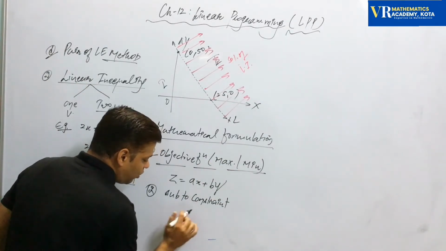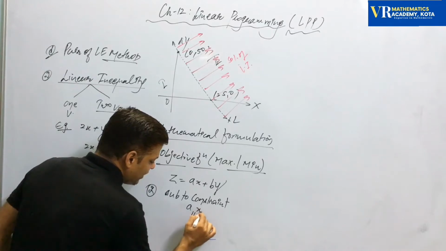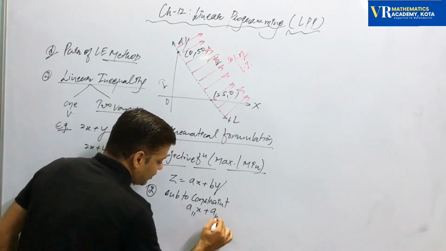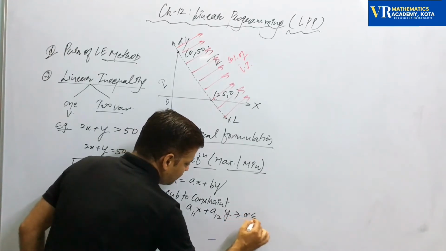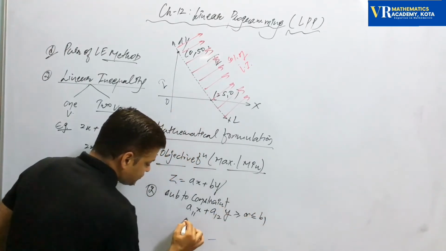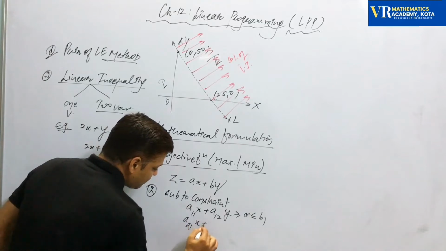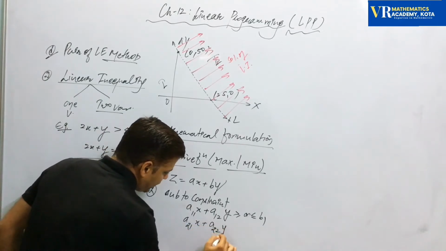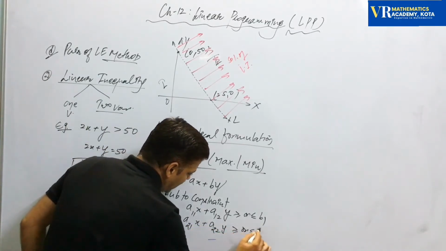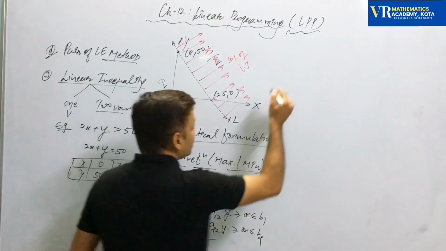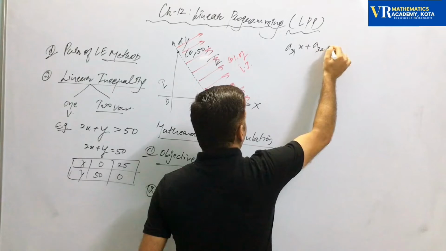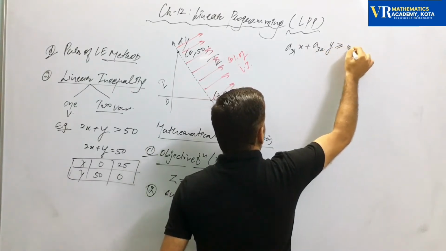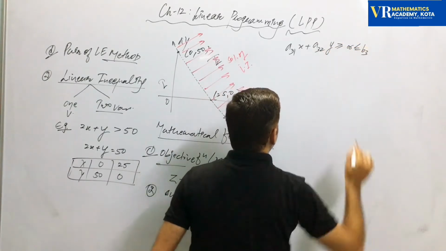Subject to constraints are always given in the form of linear inequality, like a11x plus a12y less than or greater than equal to b1, or a21x plus a22y greater than or less than equal to b2, a31x plus a32y greater than or less than equal to b3.